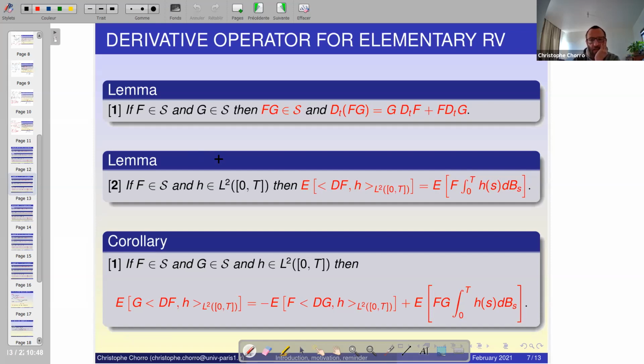So we are going to see different lemmas and a corollary related to the definition of the derivative operator.